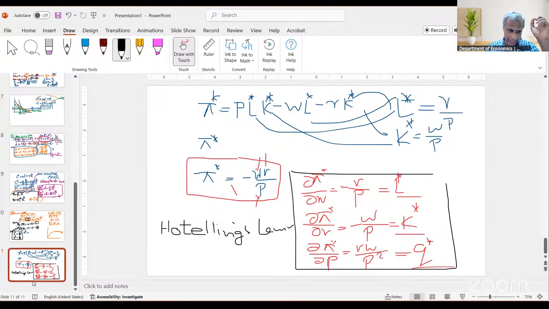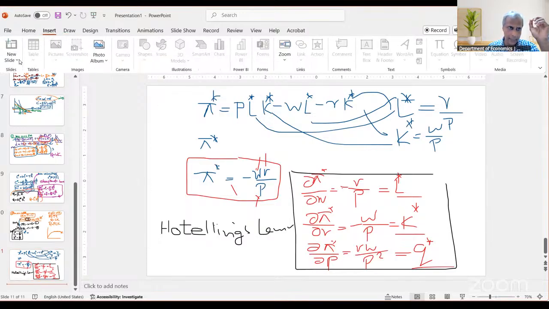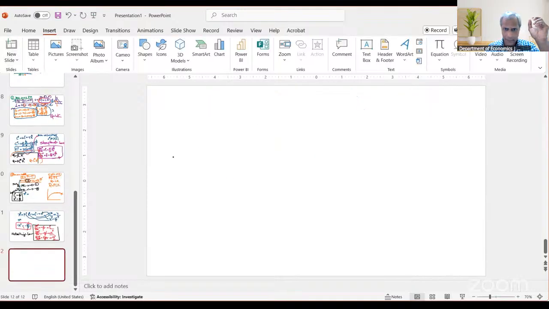So this slide I will share with you, and for the exam you practice again. Like the previous case, I give an output function to do this exercise.